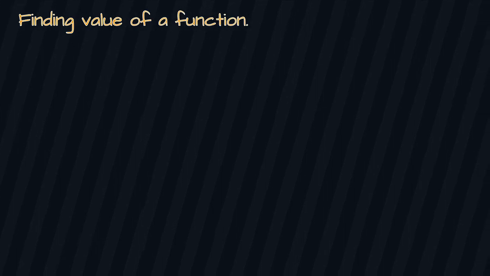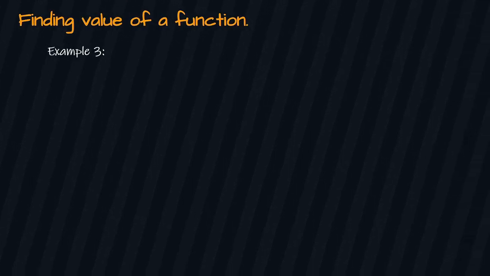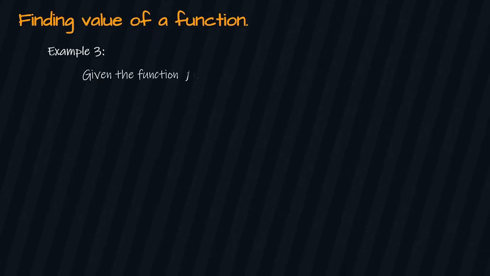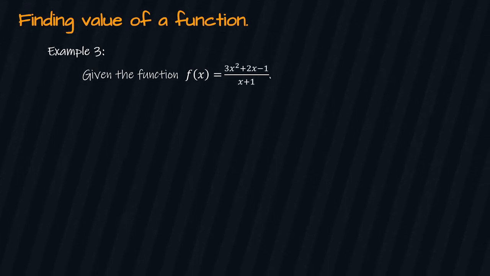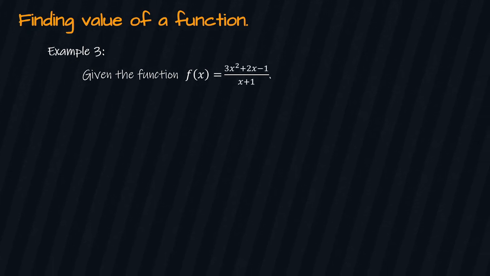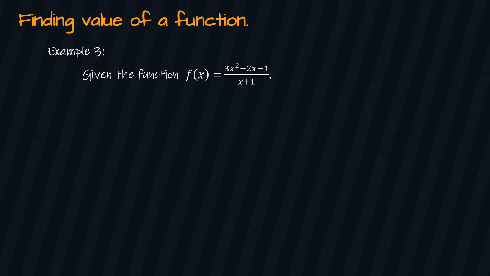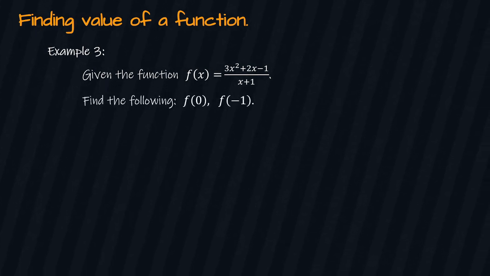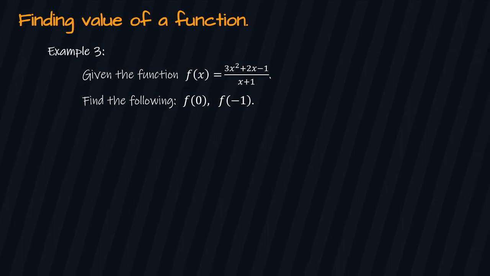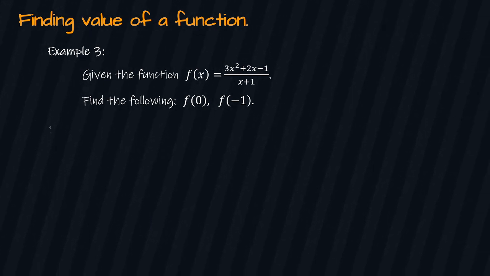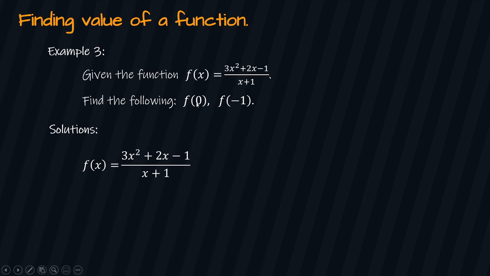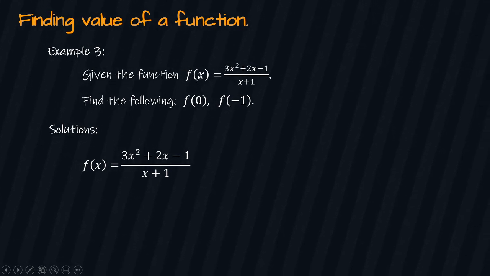And then for example number 3, we have the given function f(x) = (3x^2 + 2x - 1)/(x + 1). We are required to find the following: f(0) and f(-1). For f(0), we directly substitute the value of 0 for the variable x of the function.